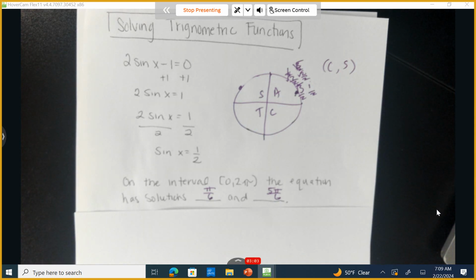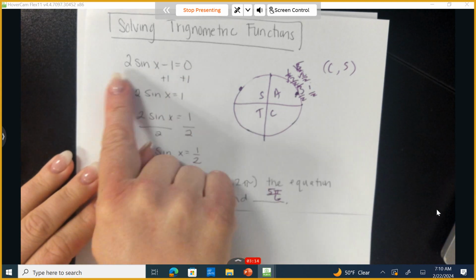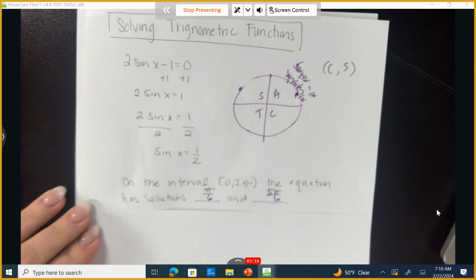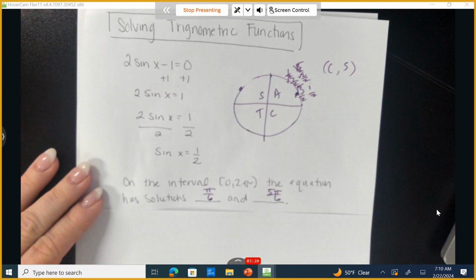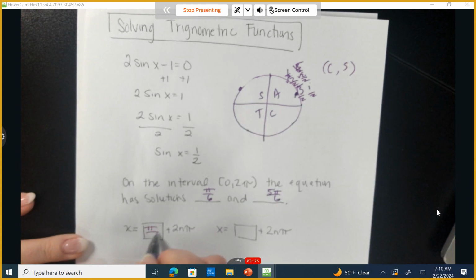The next thing, and I apologize, either I'm getting a cold or allergies, we need to write a general rule. So when we think about turning this into an equation, y equals this, and we graph it and see the sine curve, what would be the general rule for the solutions? This is the important part that I want you to write down as an example.